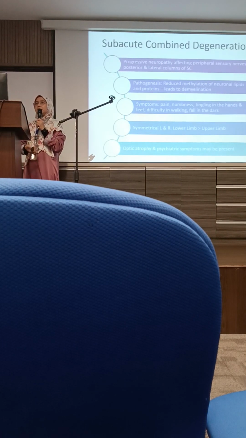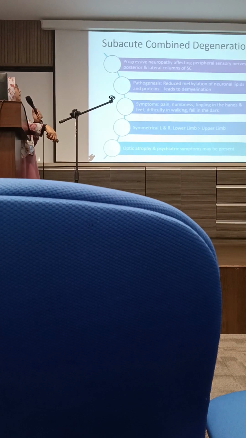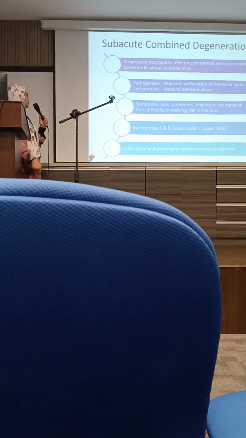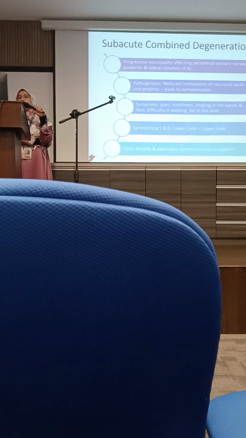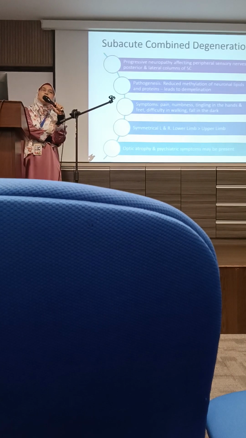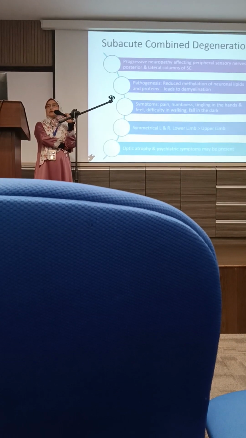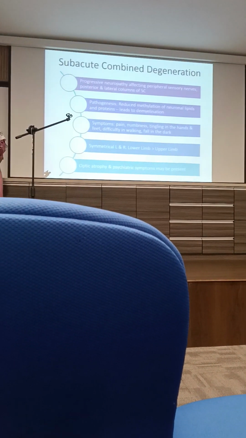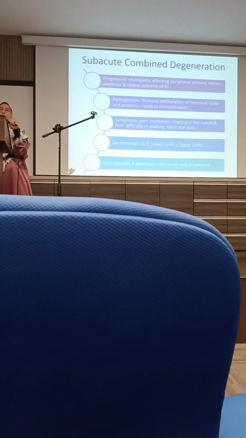Okay, subacute combined degeneration is a progressive neuropathy which affects the peripheral nerves and spinal cord, and the pathogenesis is due to reduced methylation of neuronal lipids and proteins, and it leads to demyelination. Pernah dengar kan demyelination dulu? Okay, so the symptoms, patient complain of pain, numbness and tingling sensation in the hands and feet.